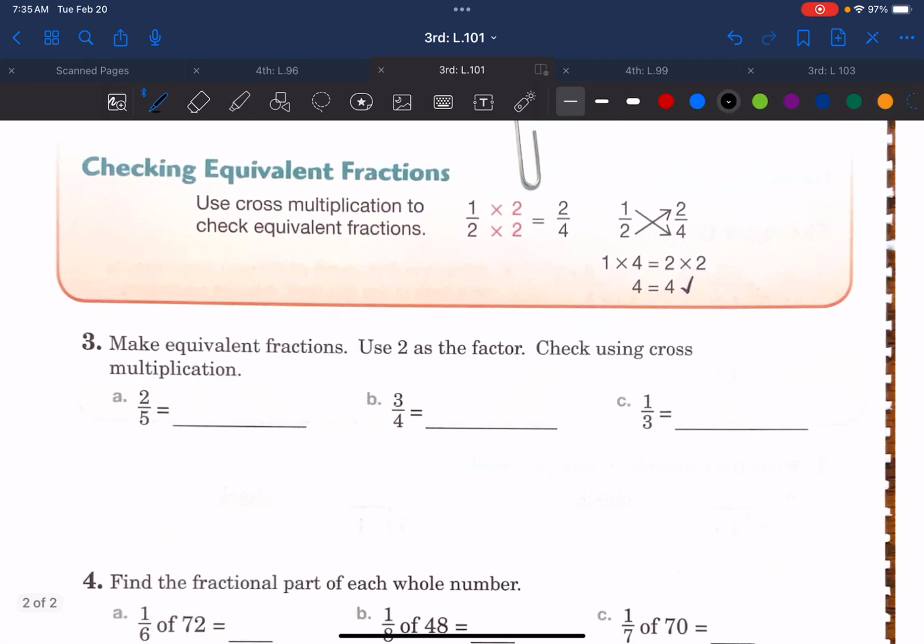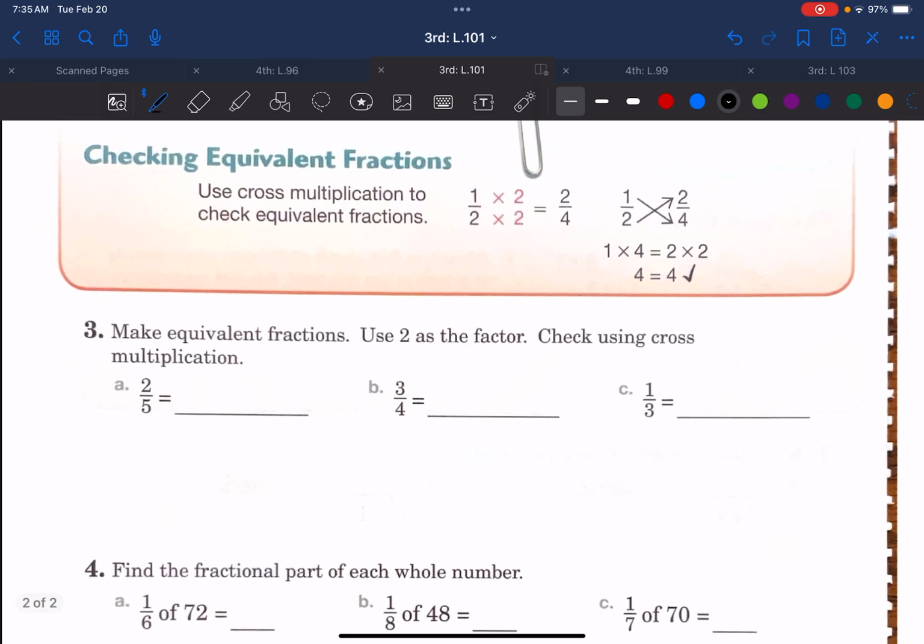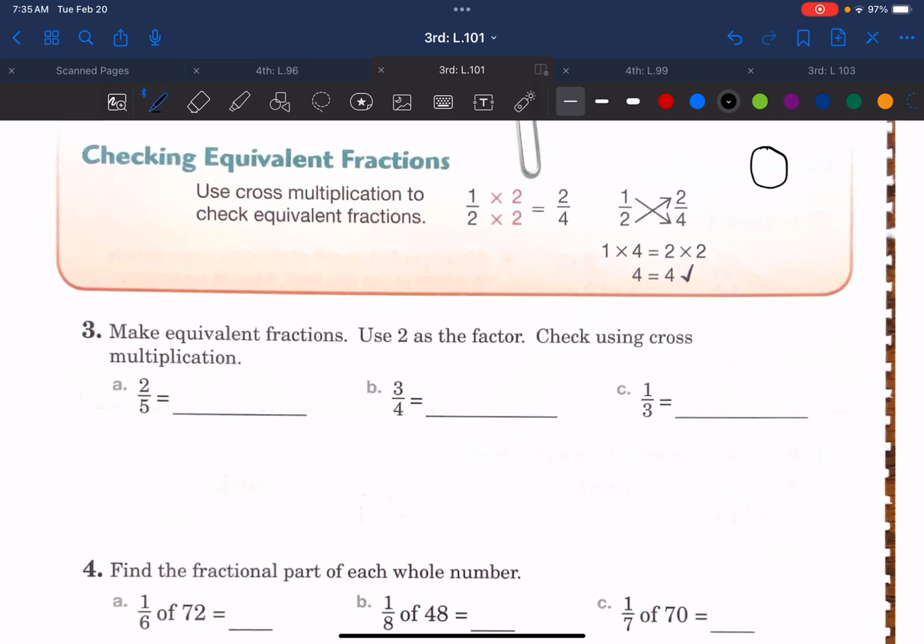Here is a skill that the 4th graders are actually utilizing right now. So this is something that I want you to learn and then remember. So it's checking equivalent fractions. So an equivalent fraction means that, like, if I have a circle and another circle, and one of them looks like this, and the other is just like this, well, the first fraction is 2/4.